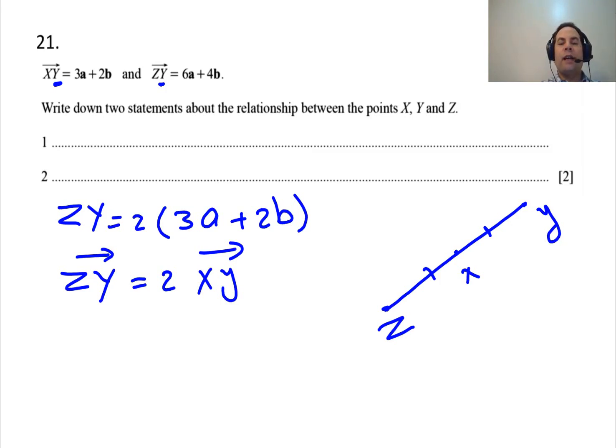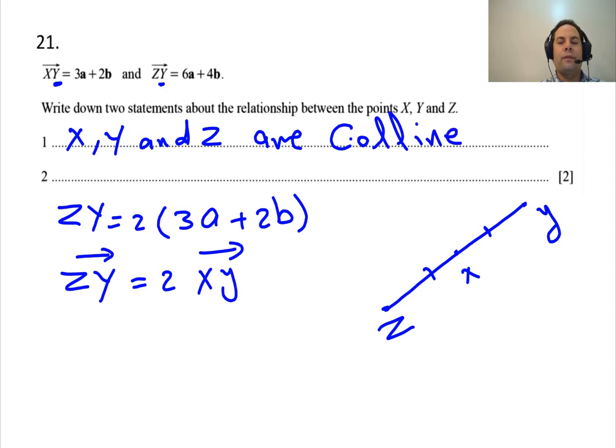So the question asks about the points X, Y, and Z. All the points are on the same line. We can say X, Y, and Z are collinear, or you can say on the same straight line. What else?